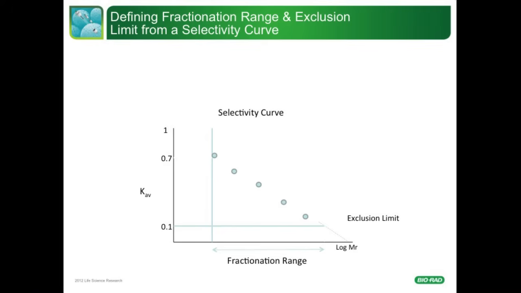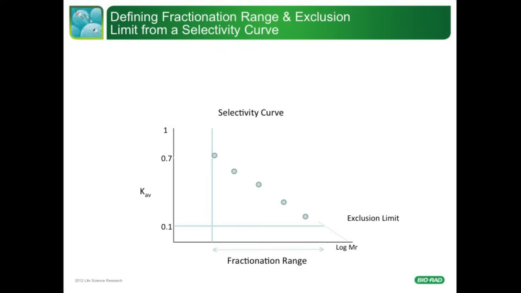As you can see, there are certain biomolecules that are too small to be separated, those furthest to the left on the curve. There are also biomolecules on the right-hand side of the curve that are too large and always stay in the void volume.